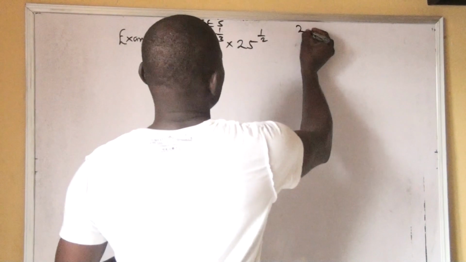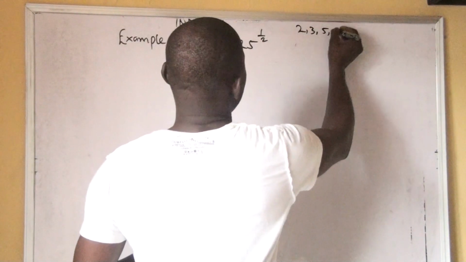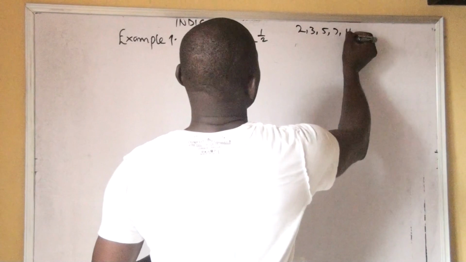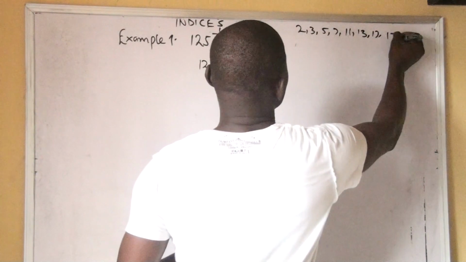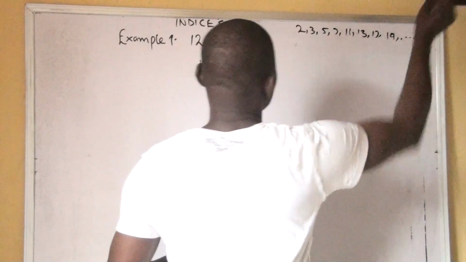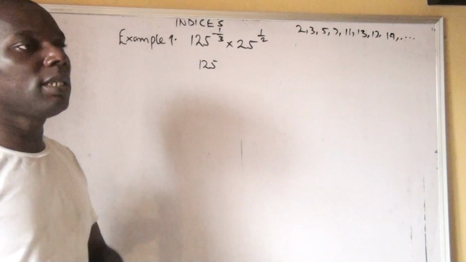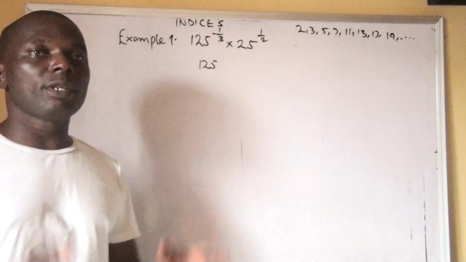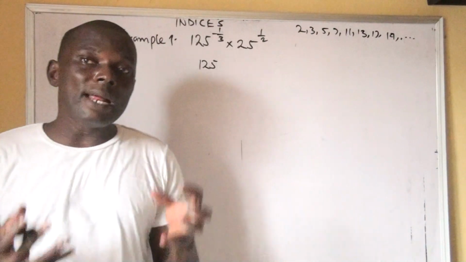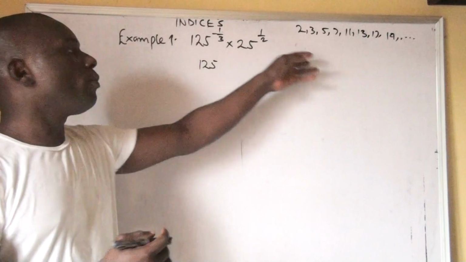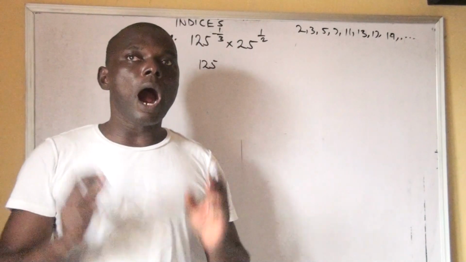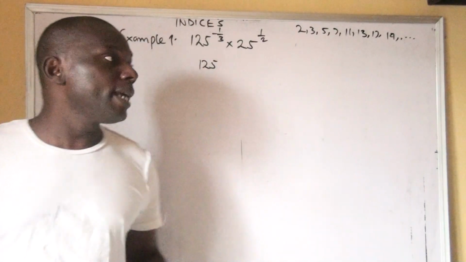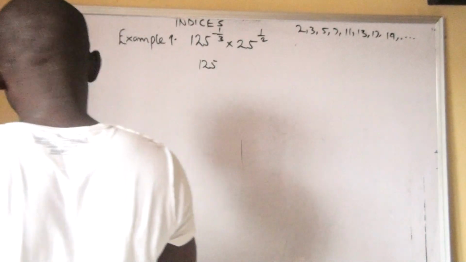These are prime numbers: 2, 3, 5, 7, 11, 13, 17, 19, and so forth. In most cases, when handling questions on indices, expressing a number as a product of primes in index form is very essential.